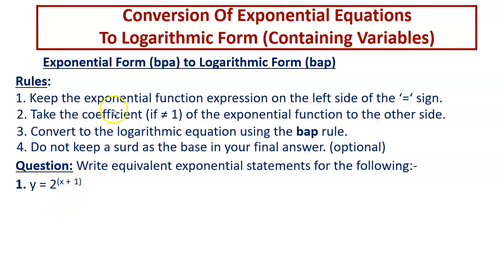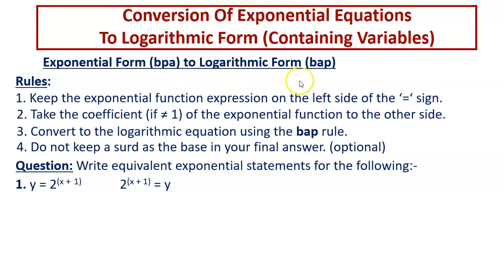And the rule number 1 says we have to write the exponential term on the left hand side of the equal to sign. So we rewrite this equation in this form: 2 raised to the power of x plus 1 equal to y, where 2 is the base, x plus 1 is the power, and y is the answer, BPA.